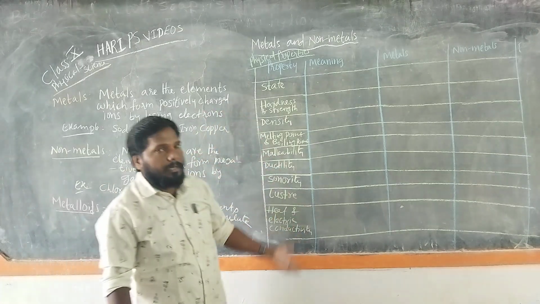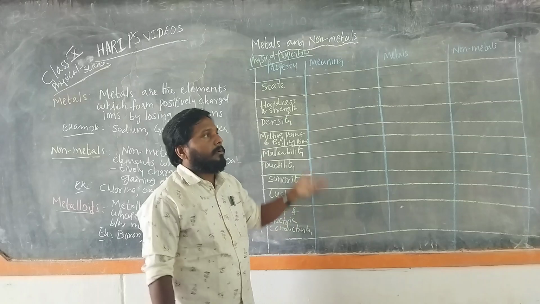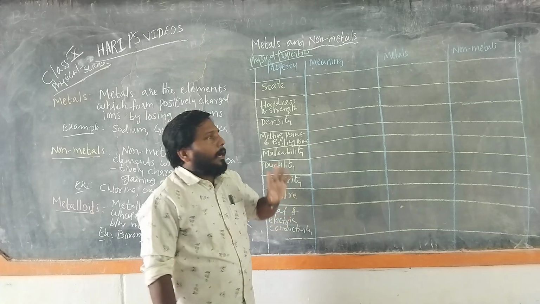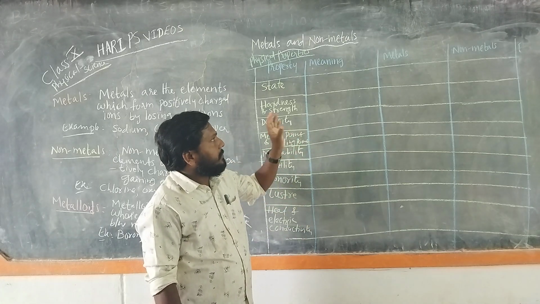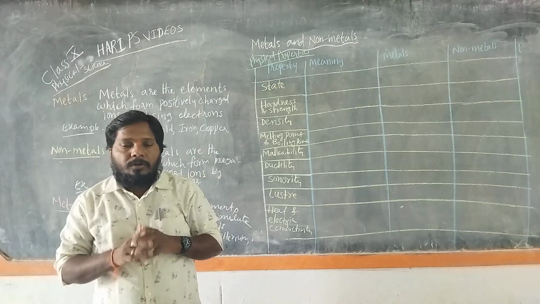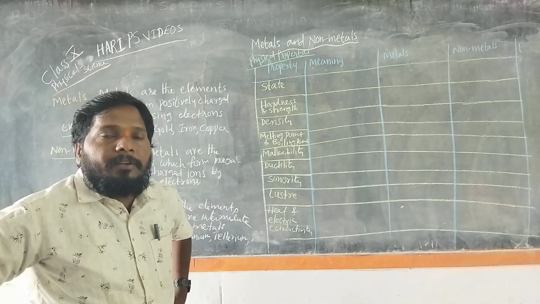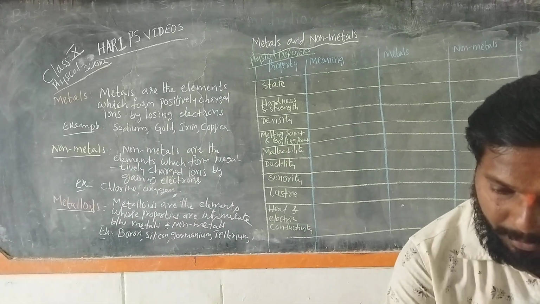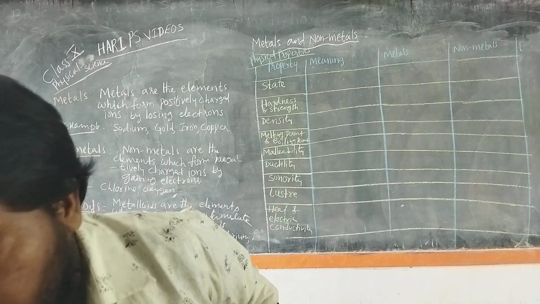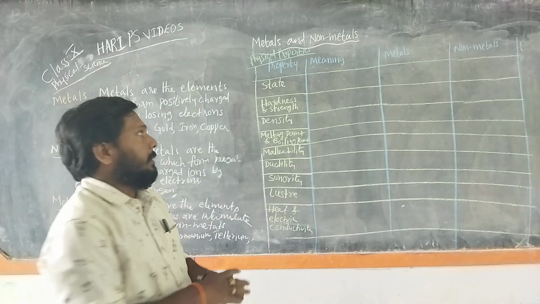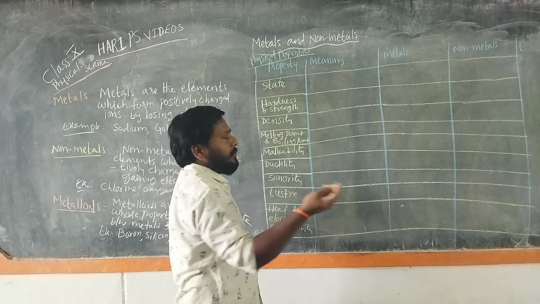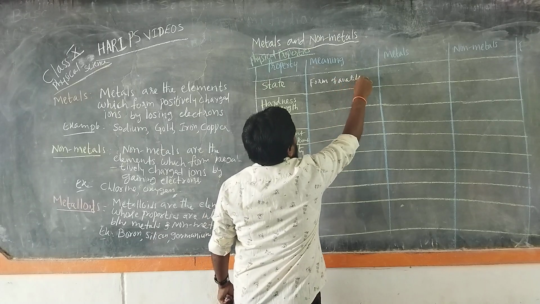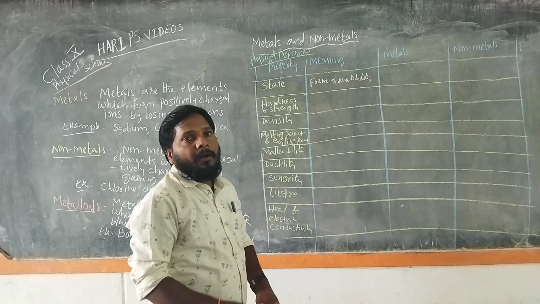Instead of discussing them separately, by directly comparing the physical properties of metals and non-metals we can understand the differences. First, the state, in the sense of the form in which they are available.